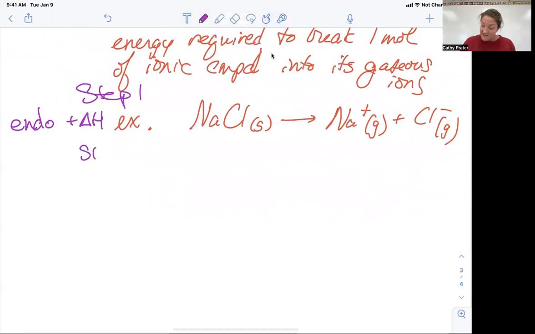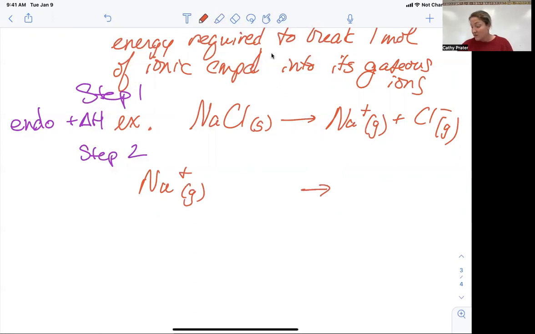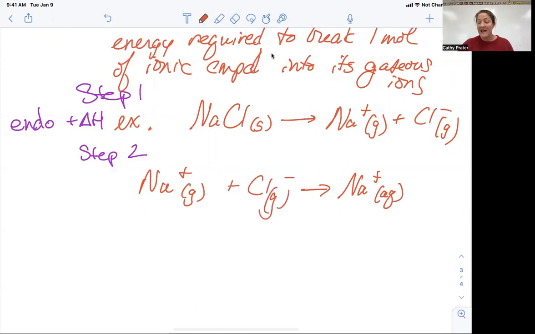Step 2 of the process is now my gaseous ions being attached to water molecules, and my sodium gaseous ion becomes a sodium aqueous ion. And my chlorine gaseous ion attaches to a water molecule and becomes an aqueous ion.